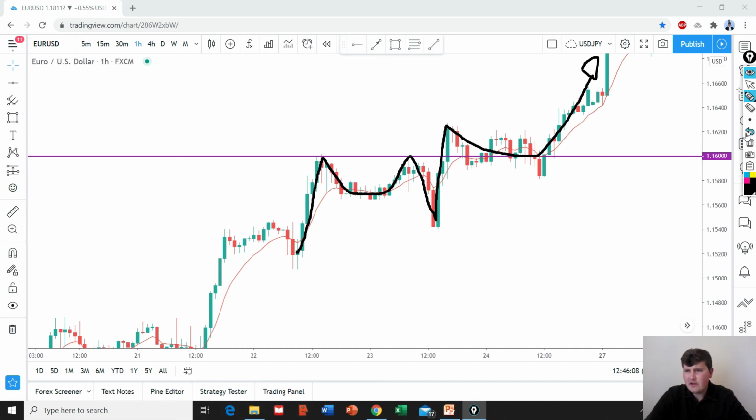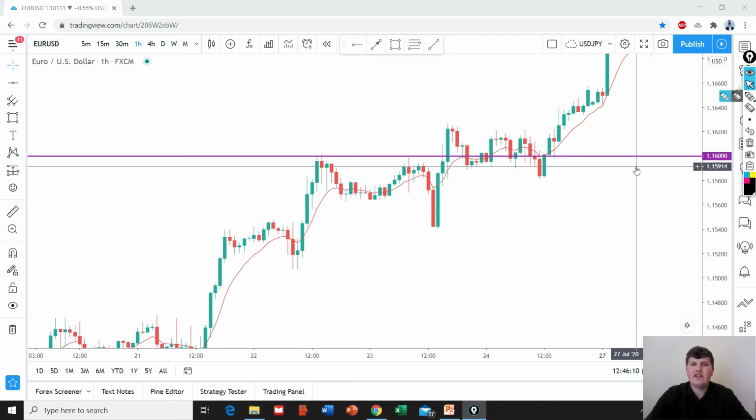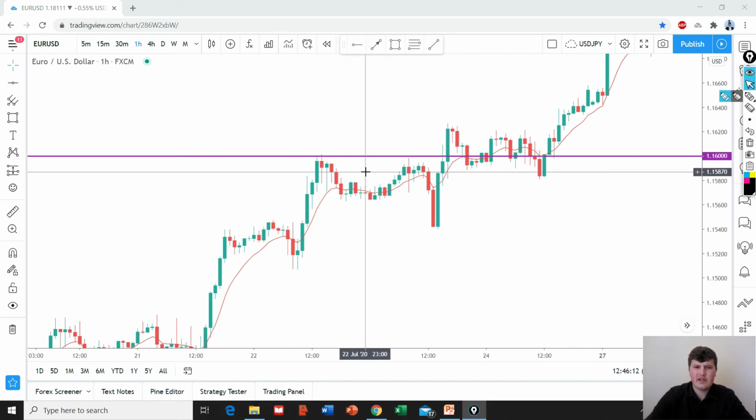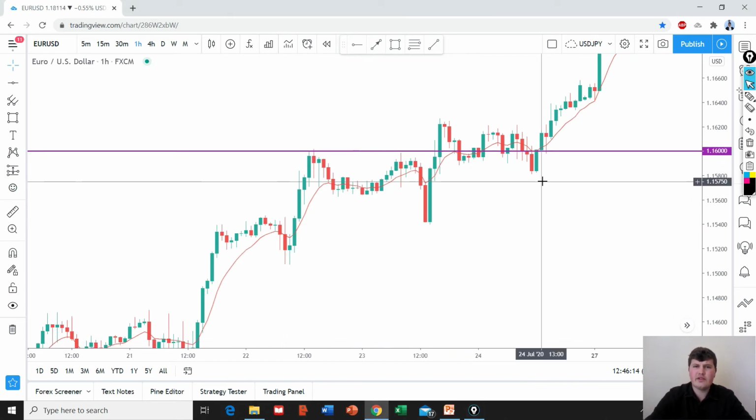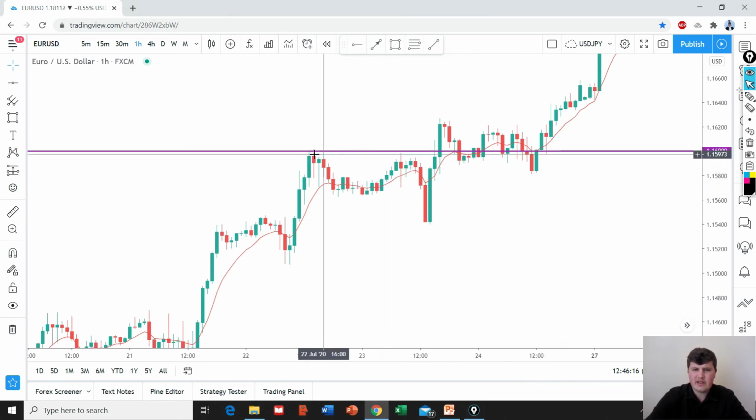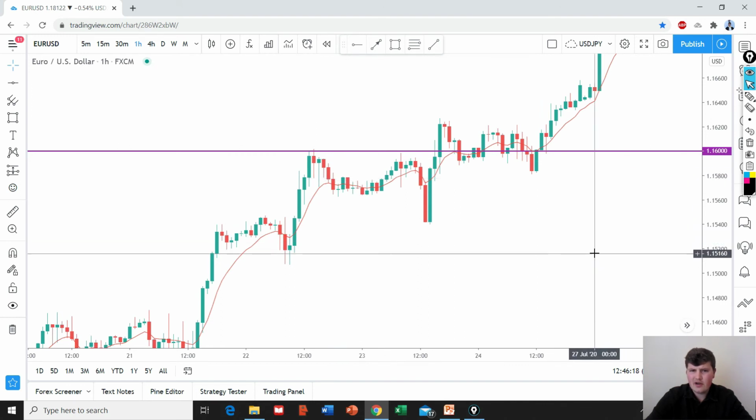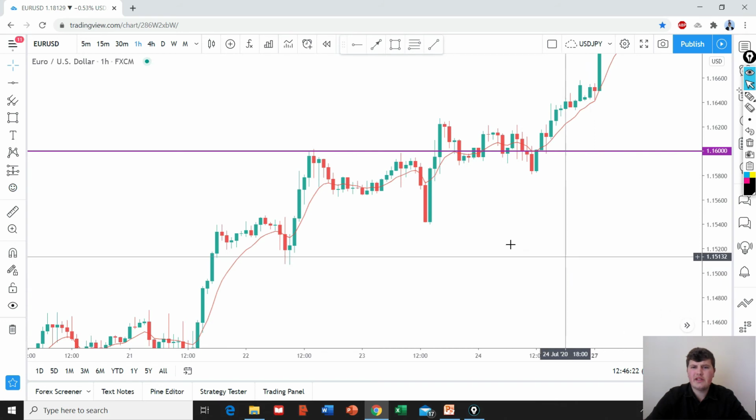So it might not look like it had an effect on a daily time frame, but if you zoom out to a smaller time frame, then you can see that all of these levels are likely to have some sort of effect on price in the market.